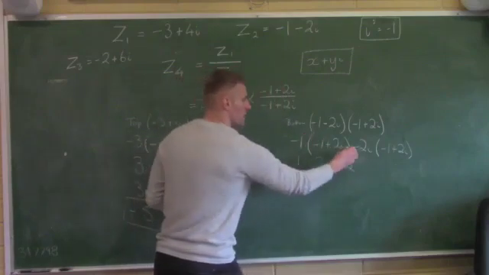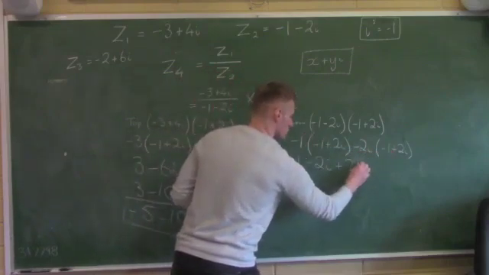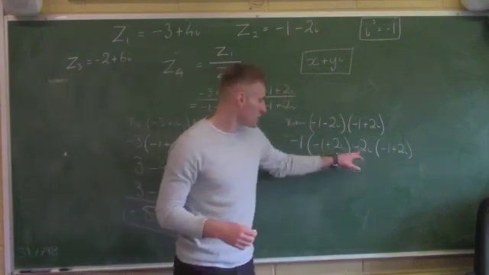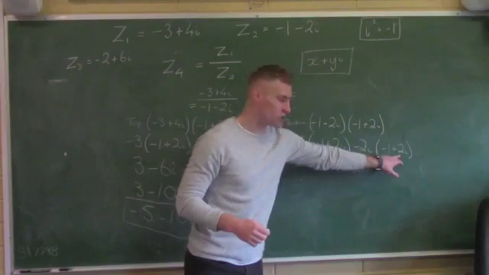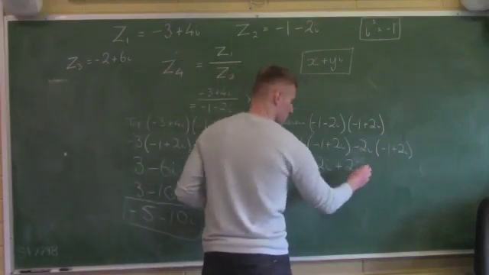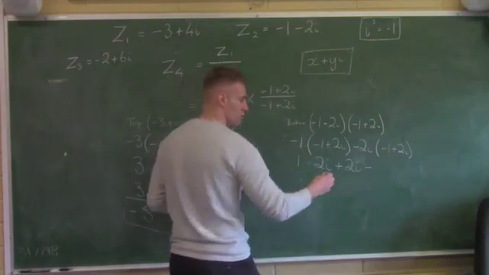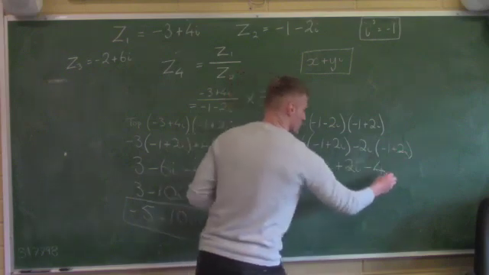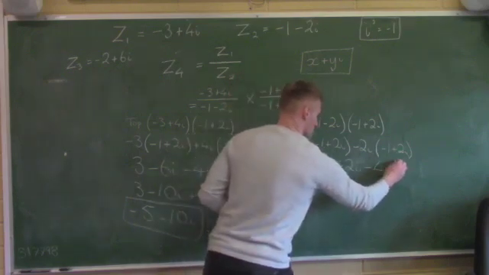Don't forget, it's 2i by 1, so it's plus 2i. And finally, last part, minus 2i by plus 2i. Minus by positive, minus. 2 multiplied by 2, 4. i multiplied by i is i squared.